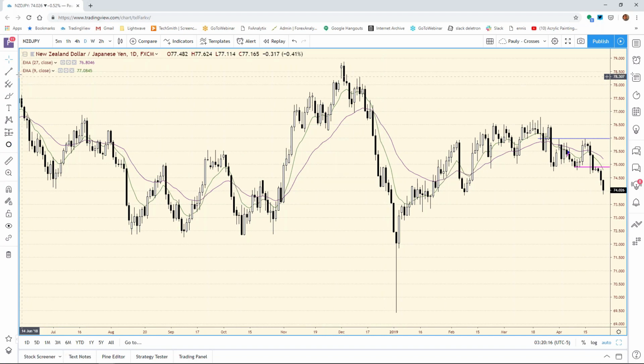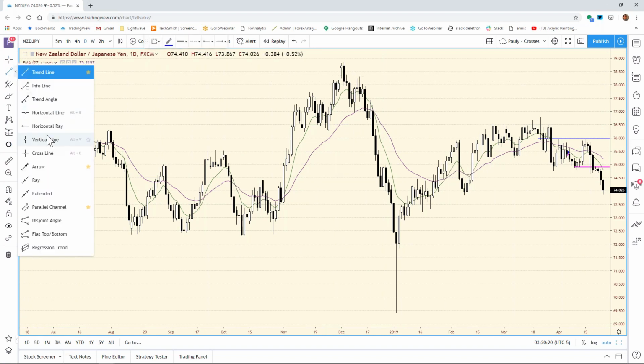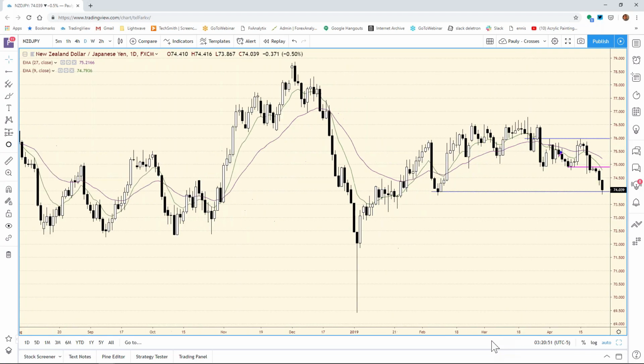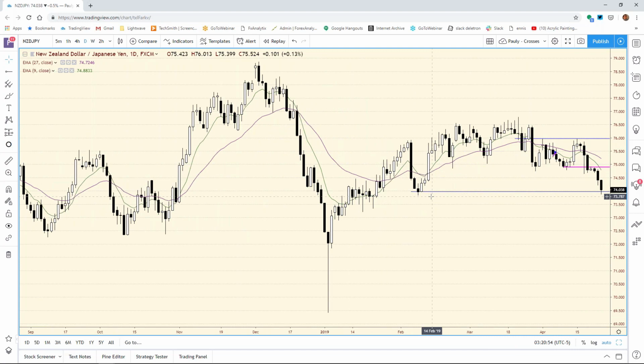It's going in. And just a little bit more support below that, which is 73.78. So we're going to go with that, 73.78.